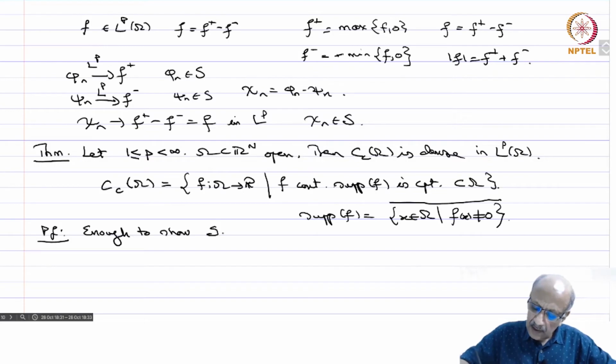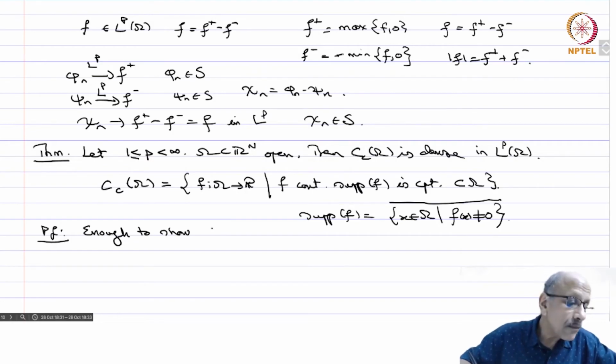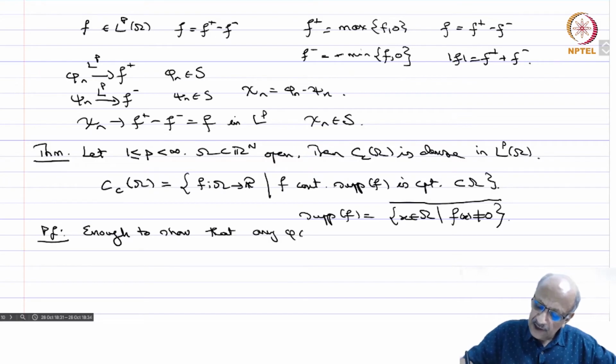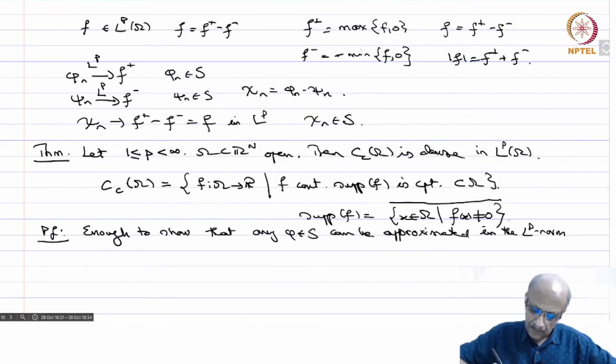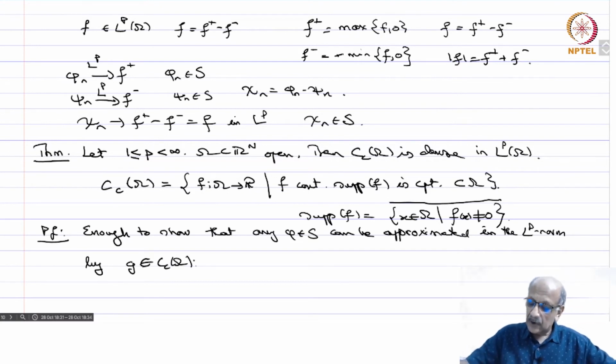that any phi in S can be approximated in the Lp norm by G in Cc of omega, because any f in S can be approximated by phi.